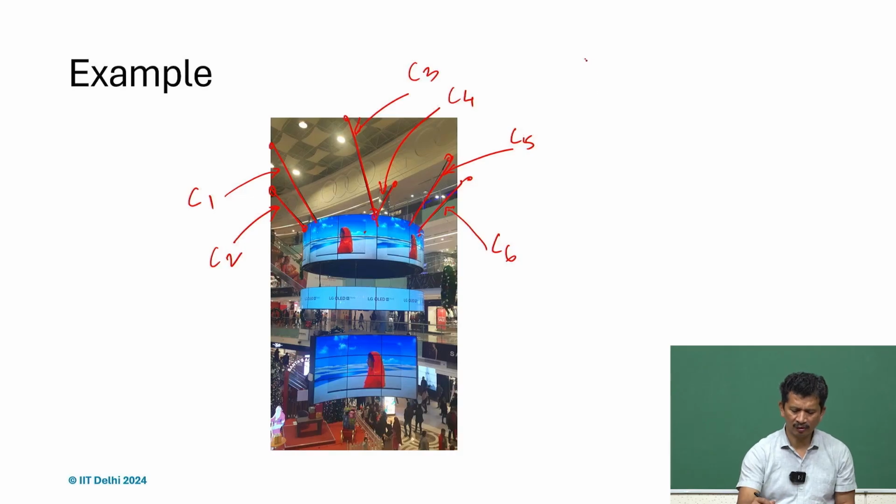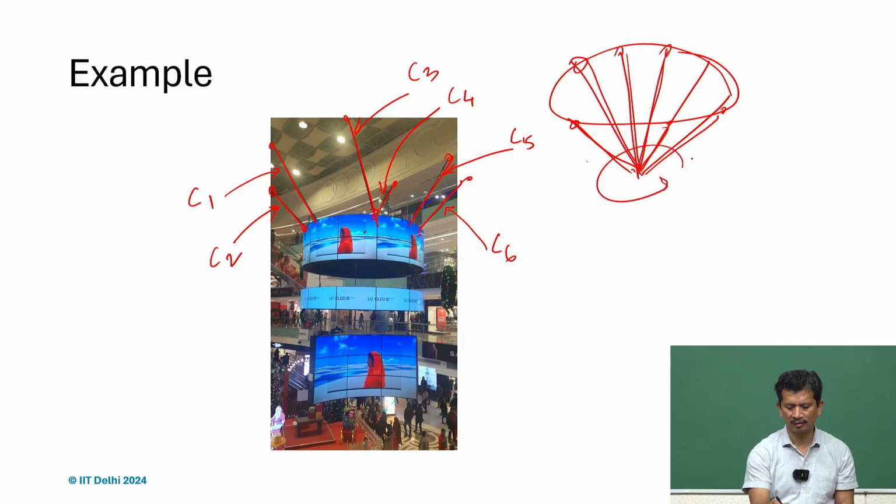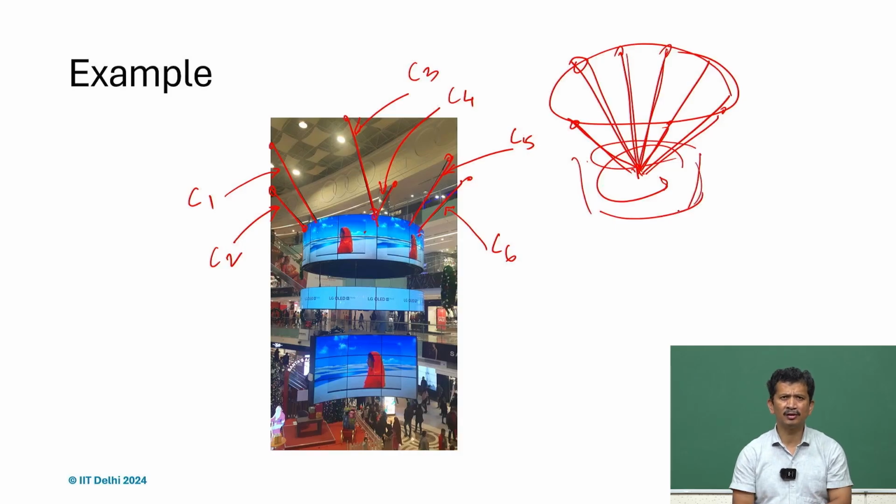So, what happens if all of them are intersecting at one point, and suppose it is placed here, 3, 4, 5, 6. If you try to rotate the object, you cannot constrain that rotation. So, it is an over constrained design. It means it is a no.